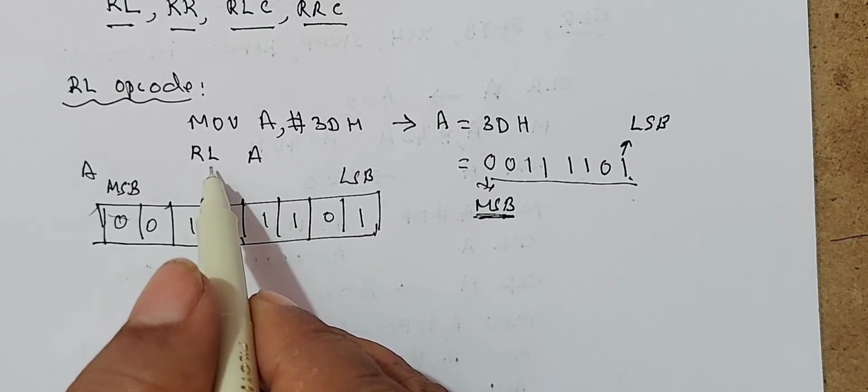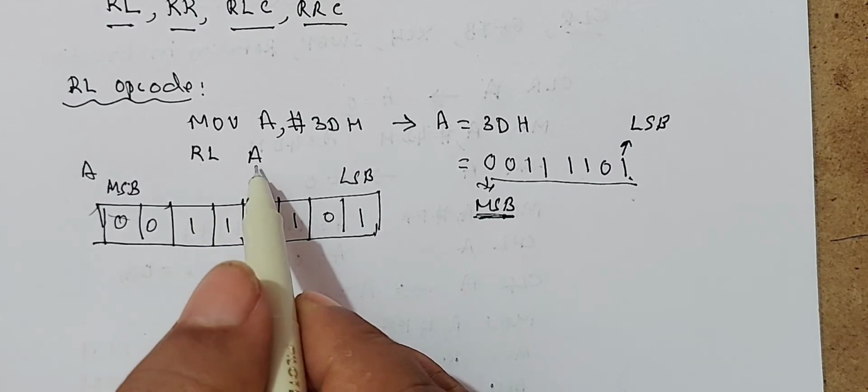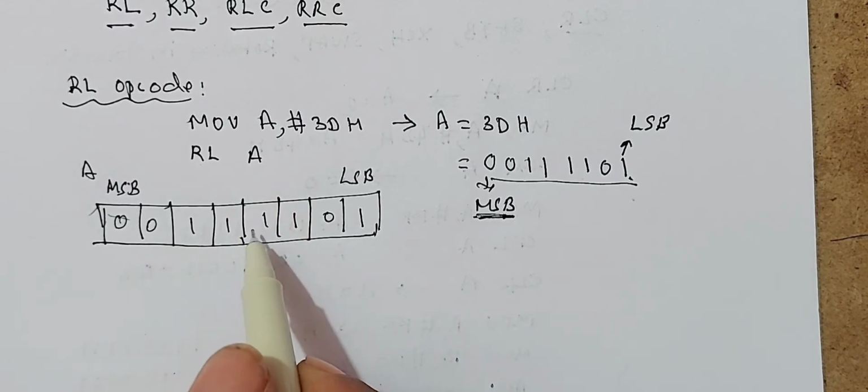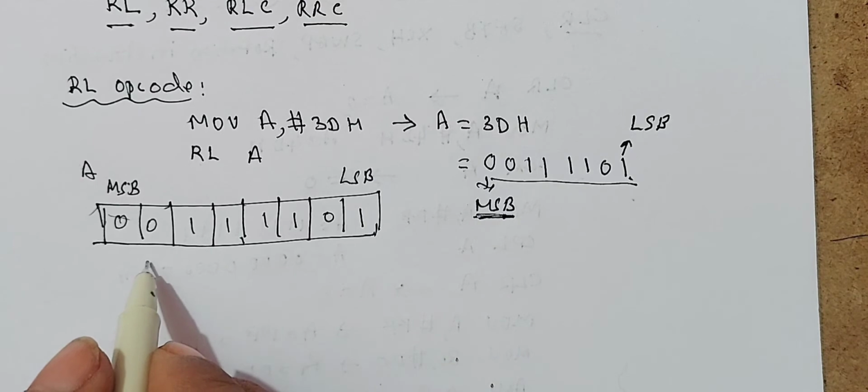RL means rotate left. What is to be rotated? The content of A, which is 00111101. Rotate this to the left. Left rotation means placing the digits one by one to the left.